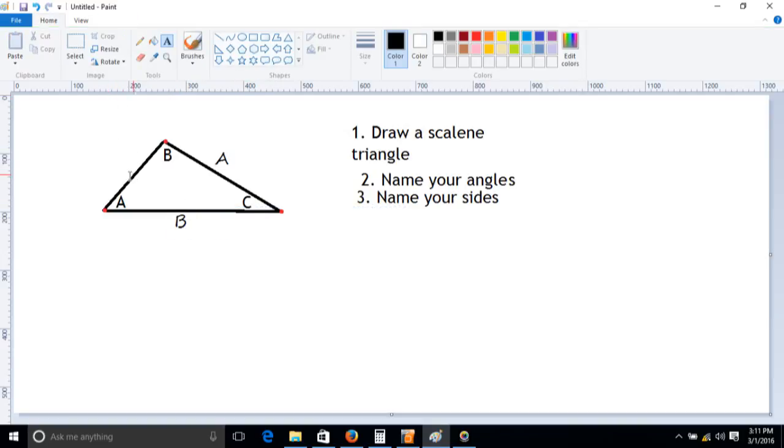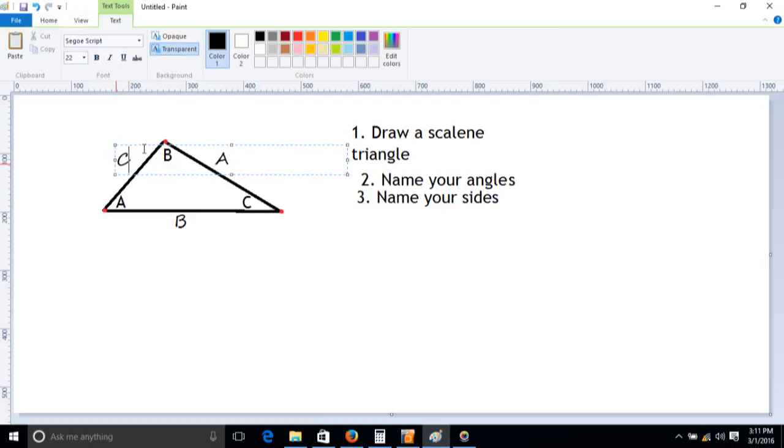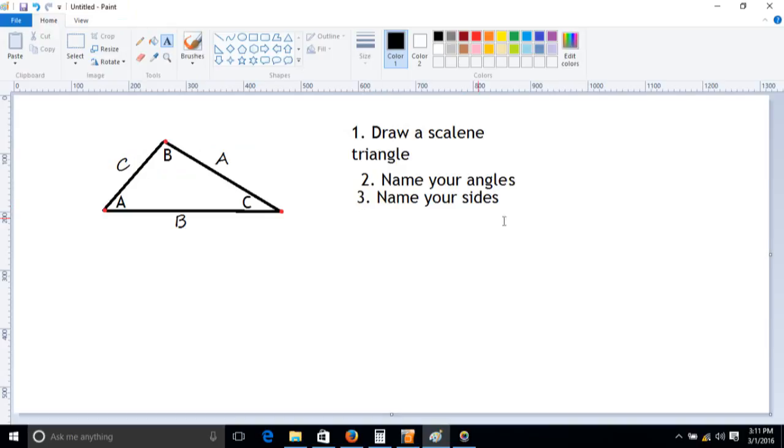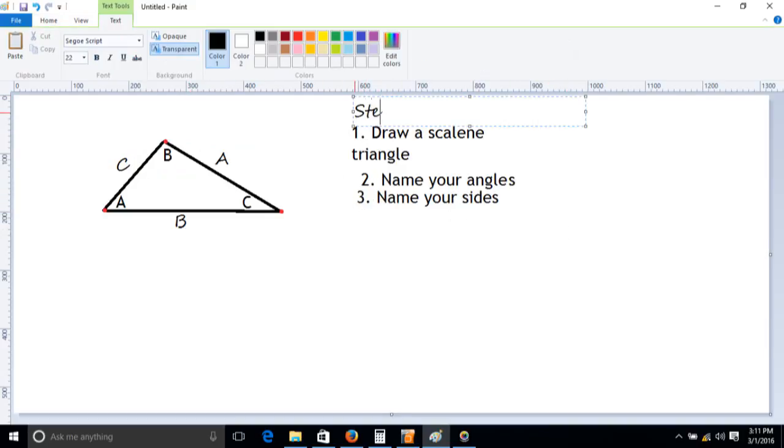And the last side, opposite to C, we call C. So now we have finished the third step.